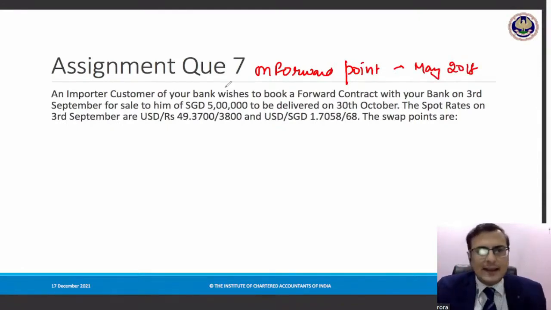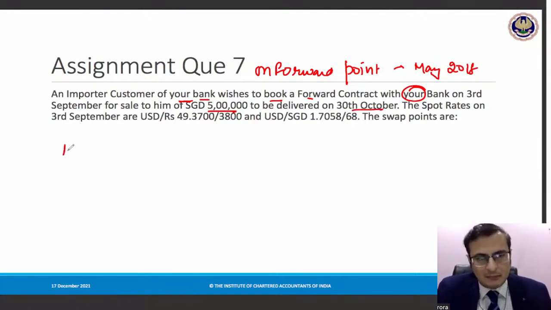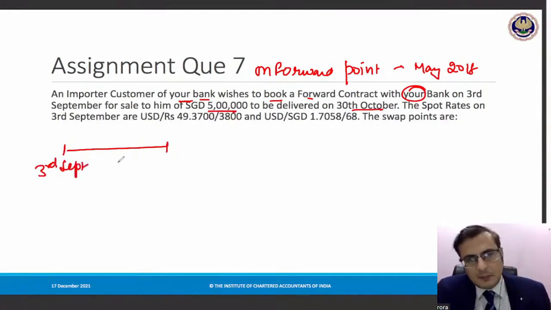An importer customer of your bank, you are a banker, wishes to book a forward contract with your bank on 3rd September for sale to him of Singapore dollars worth 5 lakh, and he needs it delivered on 30th October. He came today on 3rd September, but he needs those dollars on 30th October.